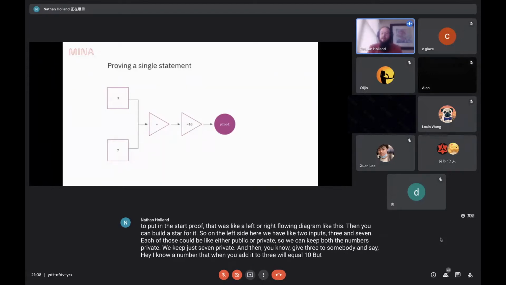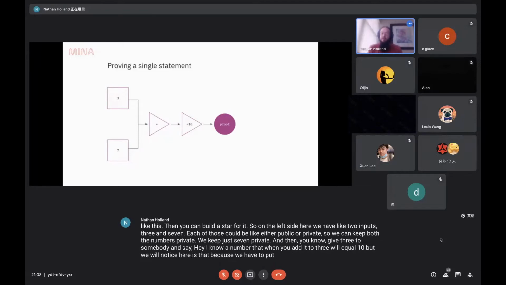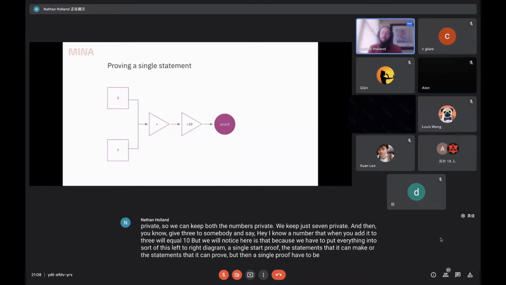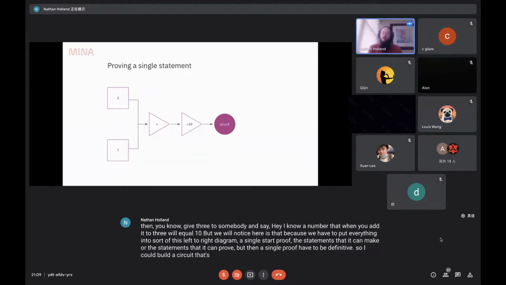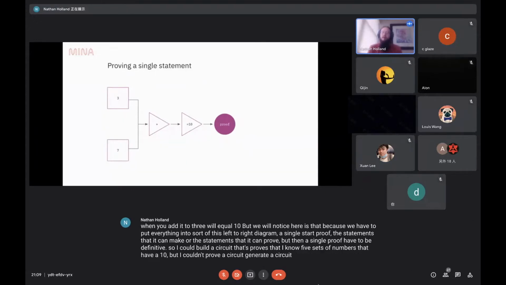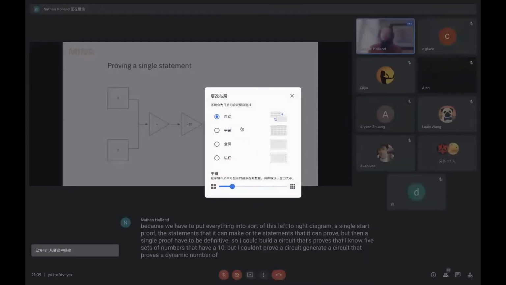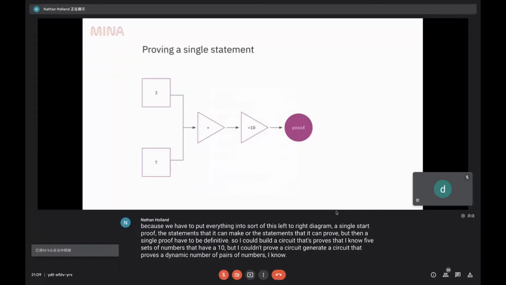But what you'll notice here is that because we have to put everything into this left to right diagram, the statements that a single SNARK proof can prove have to be definitive. So I could build a circuit that proves that I know 5 sets of numbers that add to 10, but I couldn't generate a circuit that proves a dynamic number of pairs of numbers that I know that sum to 10.